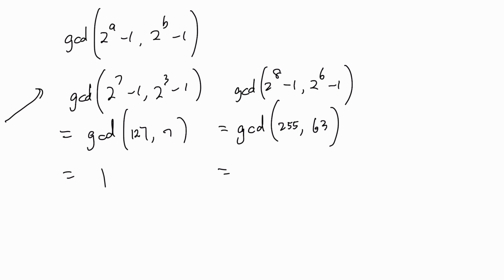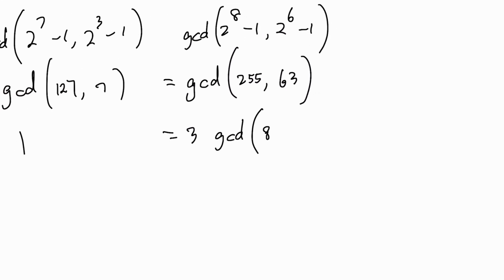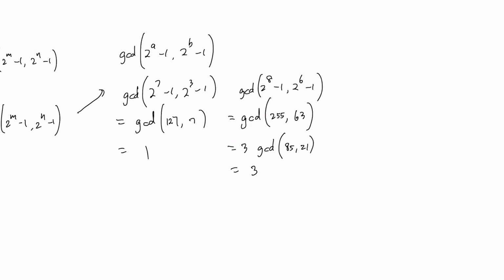Let's think. 255 is divisible by 3, so we can take the 3 out. If we divide, that's going to be 85 and 21. These two numbers seem coprime to each other, so our answer would be 3 in this case.